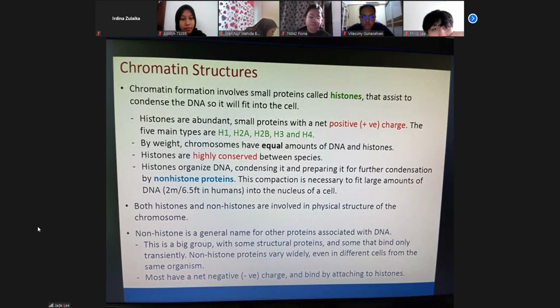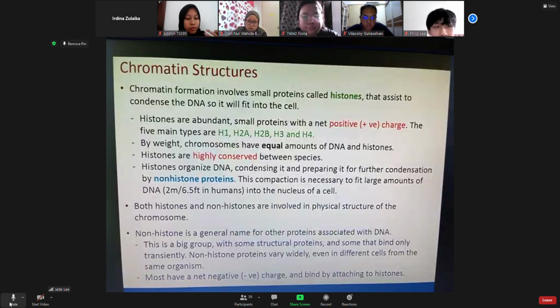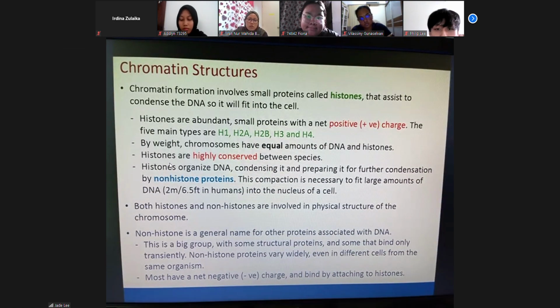So chromatin formation involves small protein called histone protein. Pernah dengar histone protein? Okay, that assists to condense the DNA so it will fit into the cell. Okay, protein ni dia sangat penting kerana dia yang akan membantu untuk compact kita punya DNA. DNA kita merupakan macam satu benang yang panjang, betul tak?